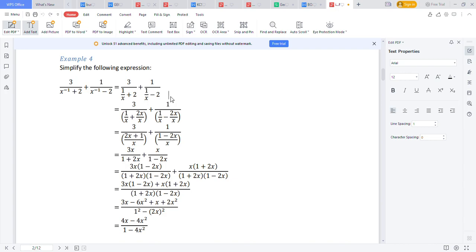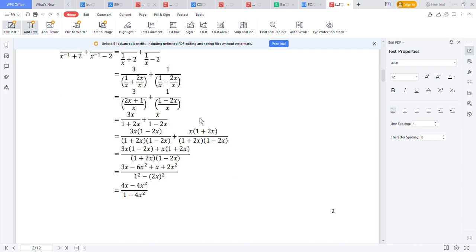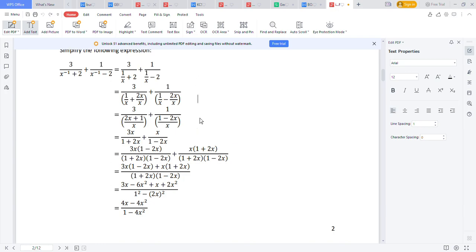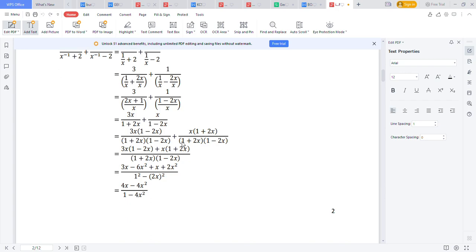Then step 2: once you have that, you can see the LCM is 2 over x plus 1 over x, bracket 1 minus 2x over x. Then we must remove the denominator by multiplying it with each of the numerators to give us this step.